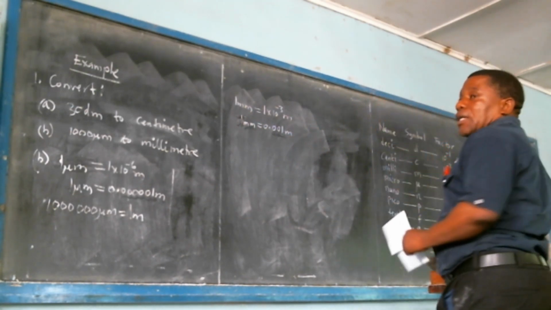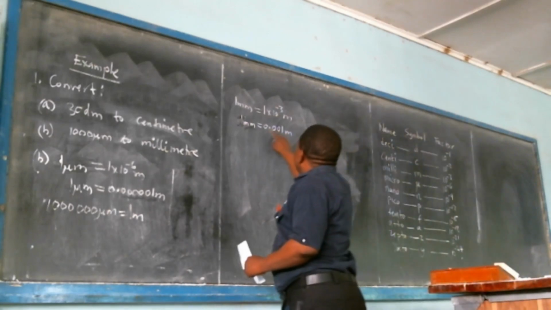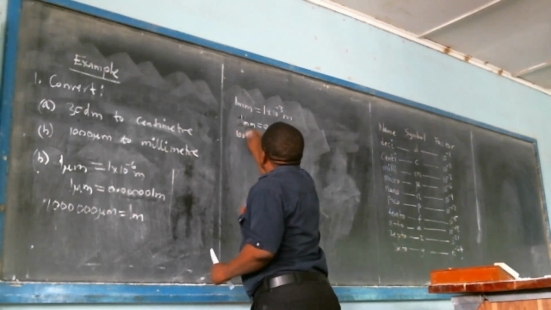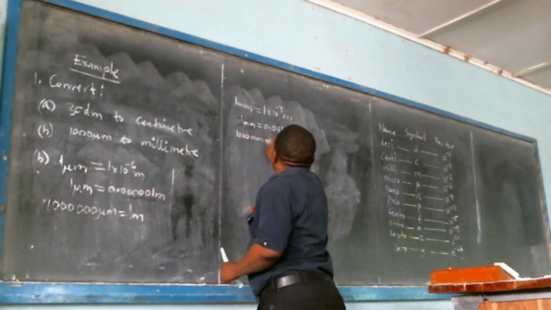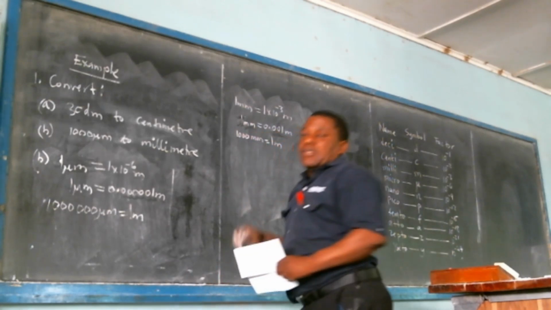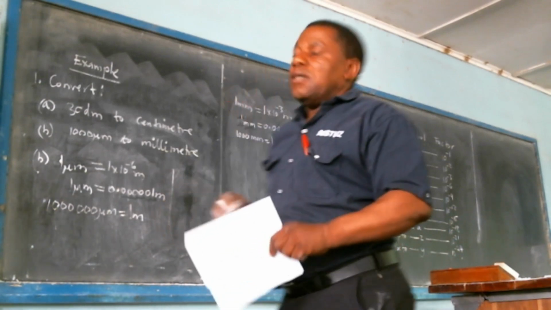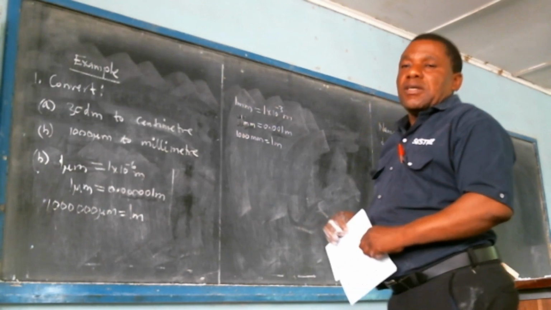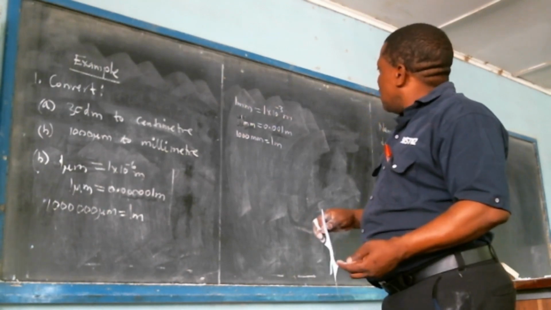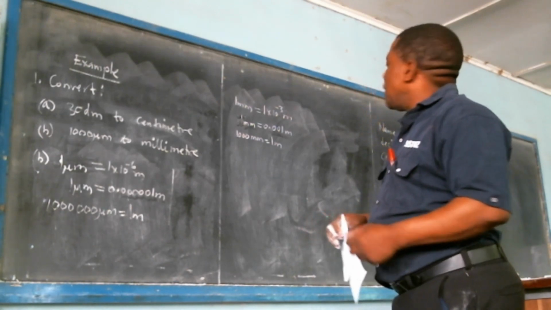Dealing with decimal places again is not okay, so we multiply by 1,000. So we can see that 1,000 millimeters gives 1 meter.